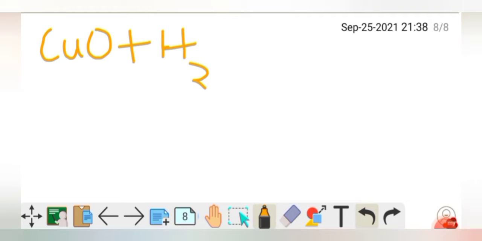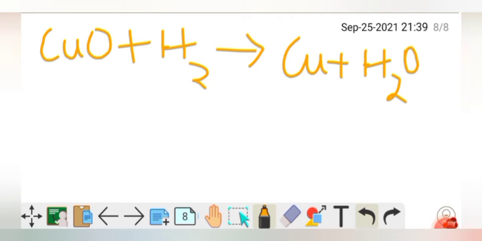Suppose this is copper oxide, CuO, plus hydrogen, H2, it forms copper, Cu, plus H2O. Now I'll explain how a redox reaction is applicable here. First of all we'll see reduction. Clearly you can see this.